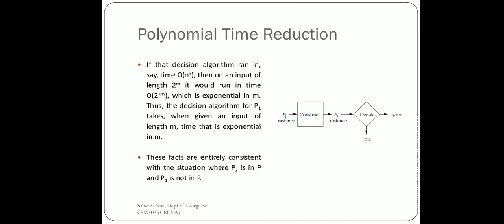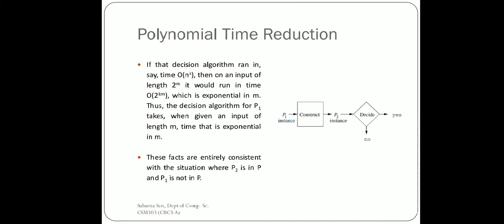And on an input of 2 to the power m, from where has it got the input? It has got this input from P1, right? So P2 is having an input of 2 to the power m, and it has been assumed that P2 can run the decision algorithm in n to the power k amount of time.